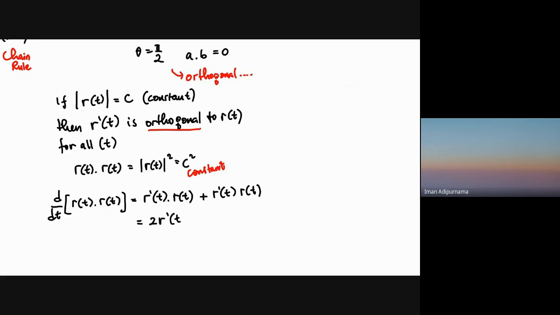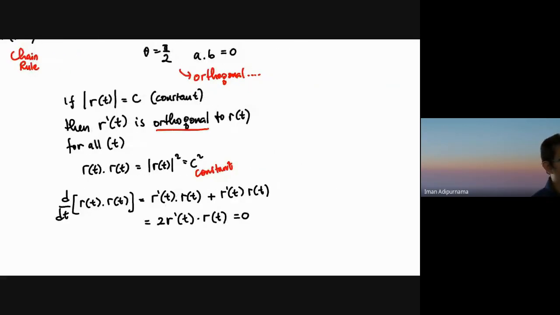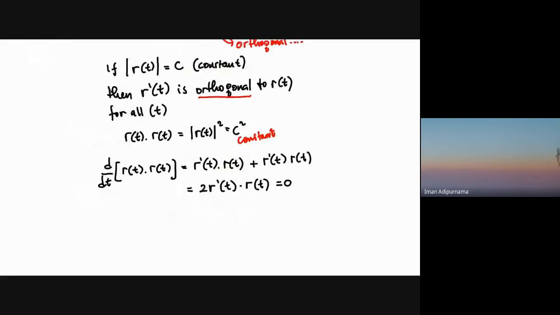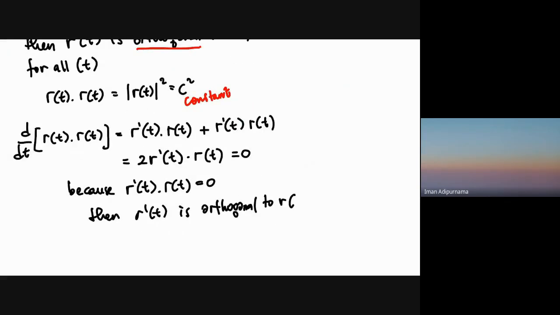Basically, it's 2r prime dot r, right? And it's equal 0, okay? Because it's a constant, you derive the constant is 0, right? And because r prime dot r is 0, then r prime is orthogonal to r.